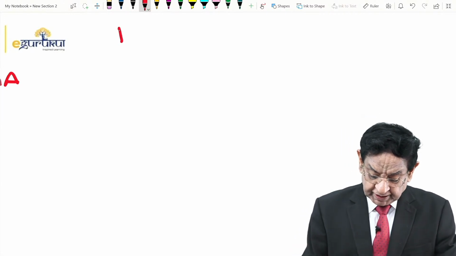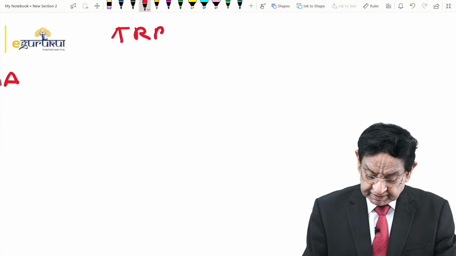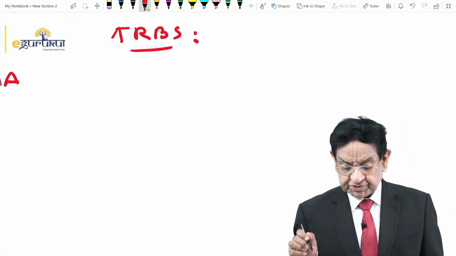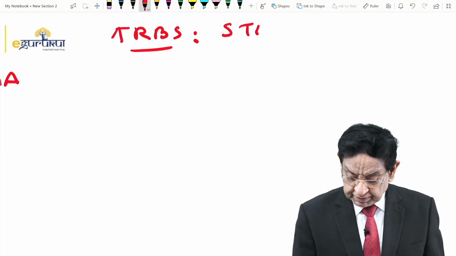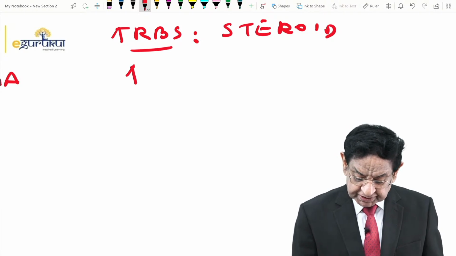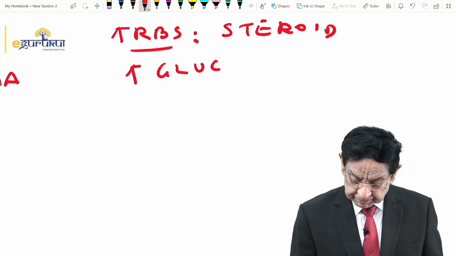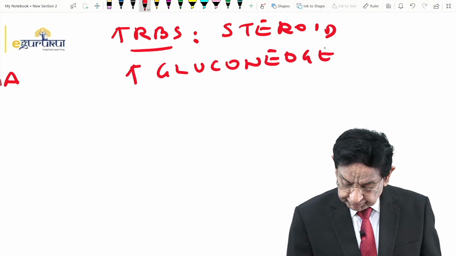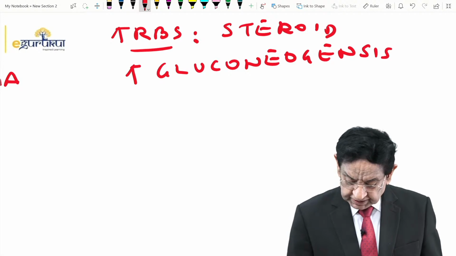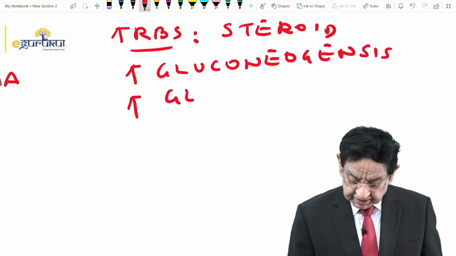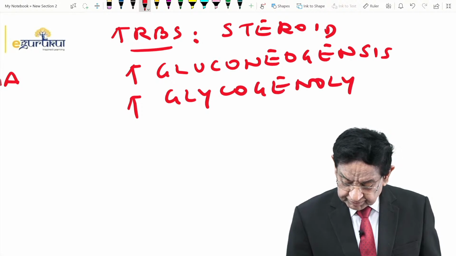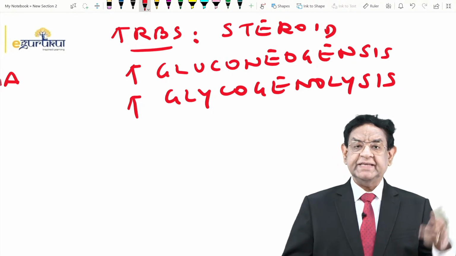First of all, they lead to hyperglycemia. Why? We are all aware that in Cushing syndrome there is excess of steroid. This excess of steroids can lead to increased gluconeogenesis and increased glycogenolysis, and they contribute to hyperglycemia.